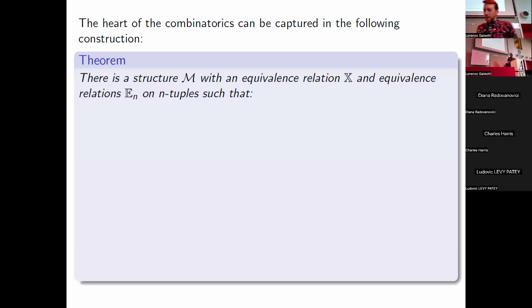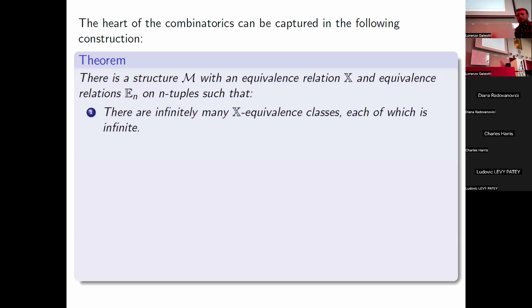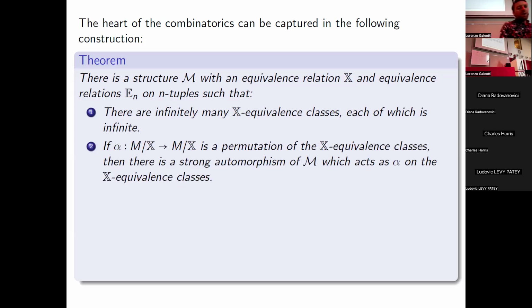All right, so you can basically think the heart of the combinatorics is in a kind of structure like this. We have some structure M. You should think of M as the set of all the x's. And you have this equivalence relation X and these other ones En. There should be infinitely many X equivalence classes that you can use as these X's. You want to have this permutation, this automorphism.